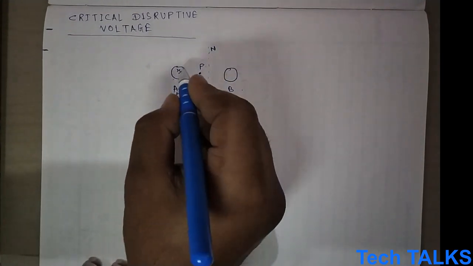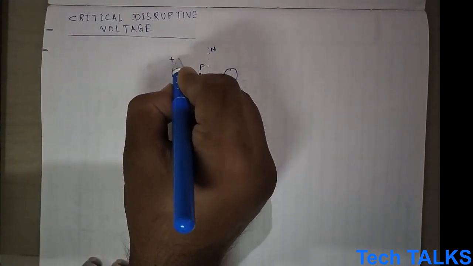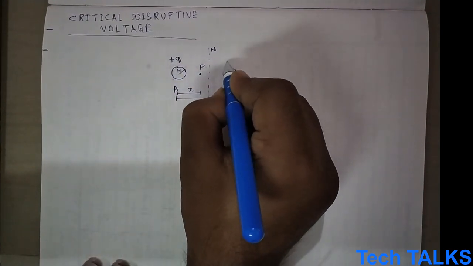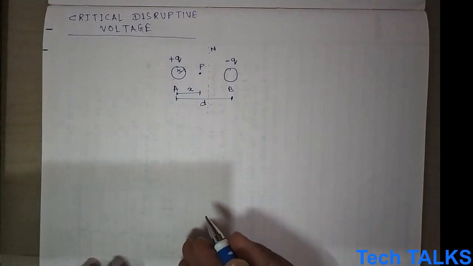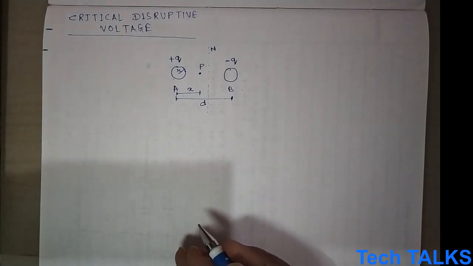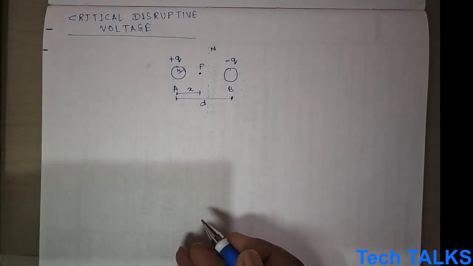So this conductor is carrying a plus q charge, this conductor is carrying a minus q charge. So this is a single phase transmission line.